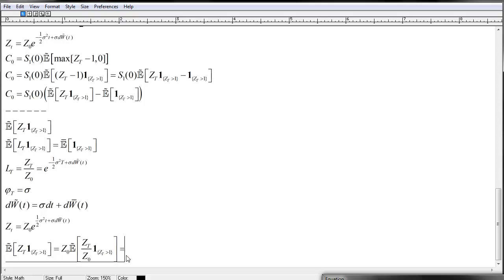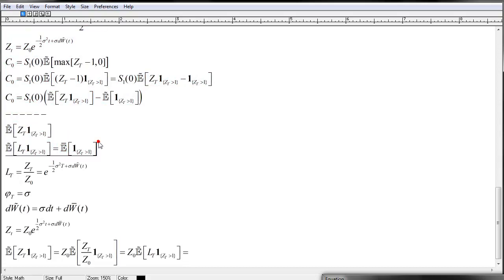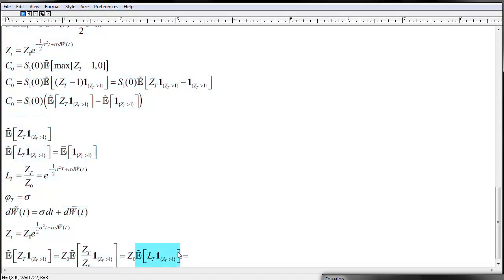So this will give me this expression, which is, according to this relation, exactly the expectation of the indicator under the new measure.